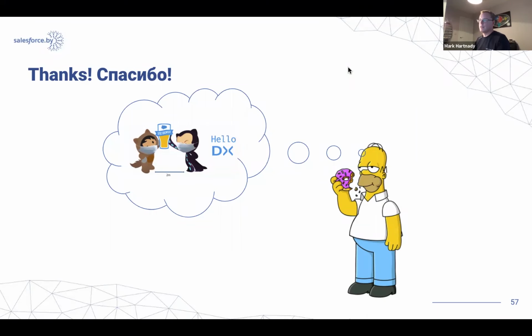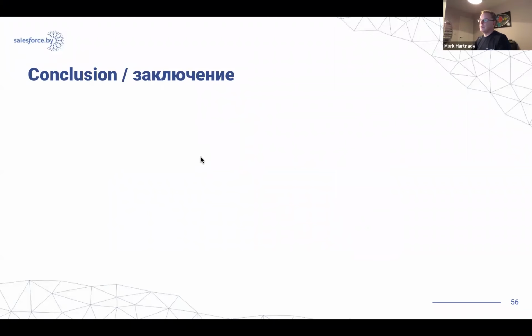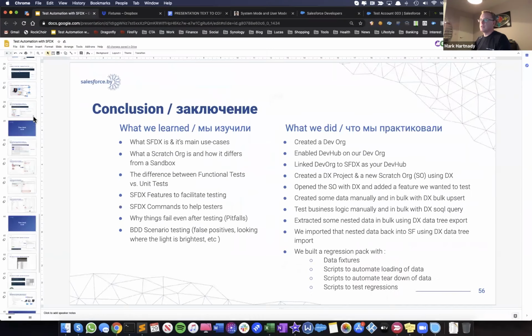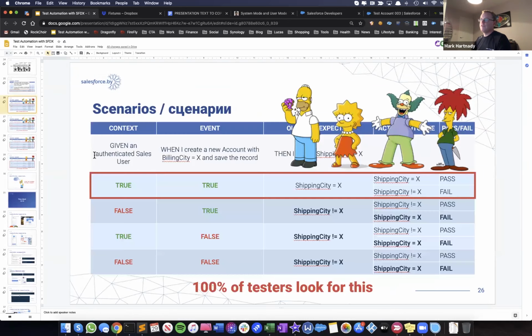I did want to say one other thing. So we talked about scenario testing earlier in the presentation, right? And very often when it comes to context, one of the important contexts is which user you're actually testing something as.